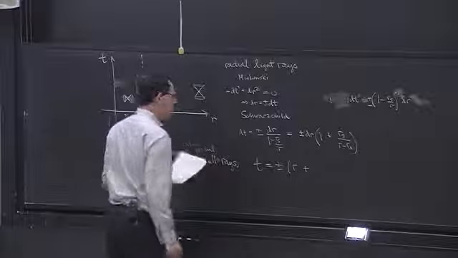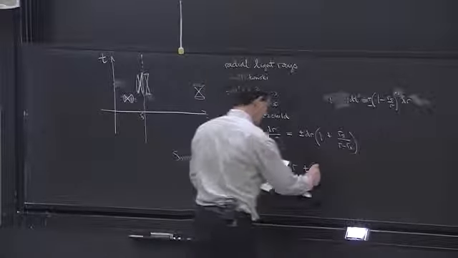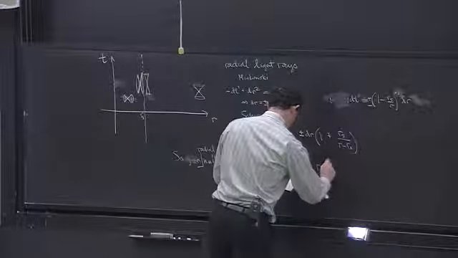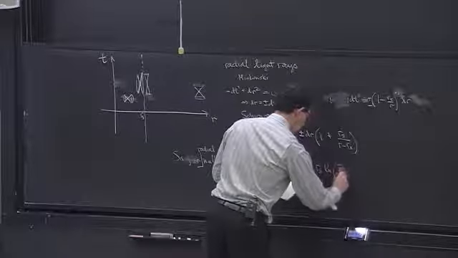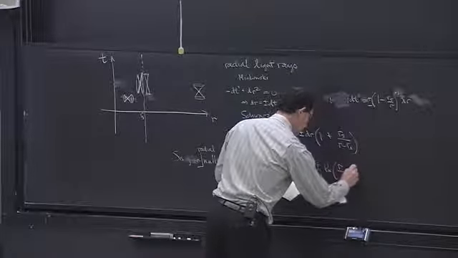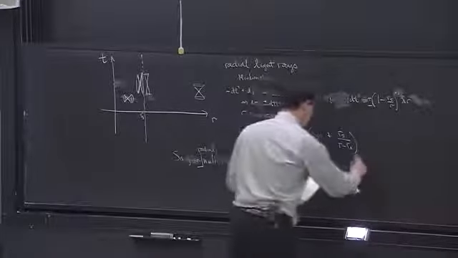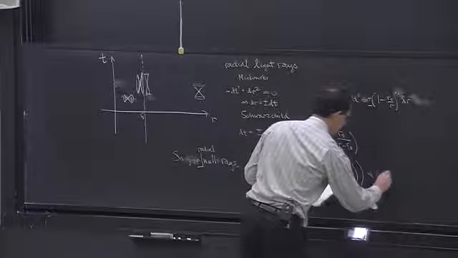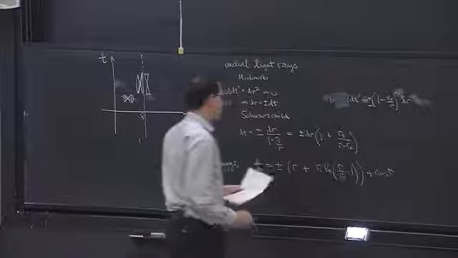We've assumed no angular momentum. t equals r plus rs log(r over rs minus 1) plus constant. So that's the solution.